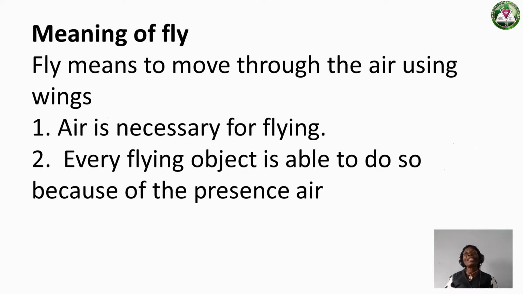In our last lesson, we discussed air pressure and the things found in air. We said that air is a mixture of gases. You learned that the gases in air are oxygen, nitrogen, carbon dioxide, and so on.